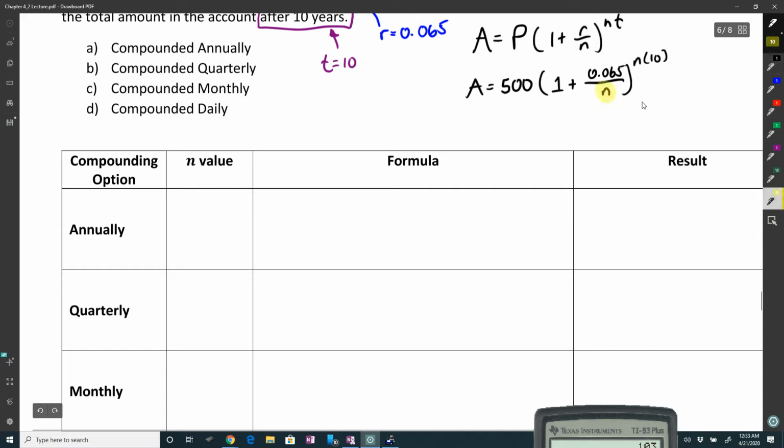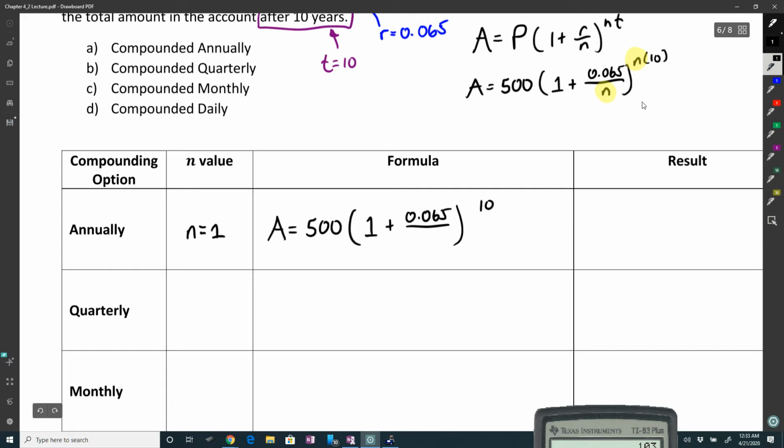Changing these two numbers. So annually means that N is equal to 1. So my formula is A equals 500 times 1 plus 0.065 over n, to the n times 10. And the value here is just 1.